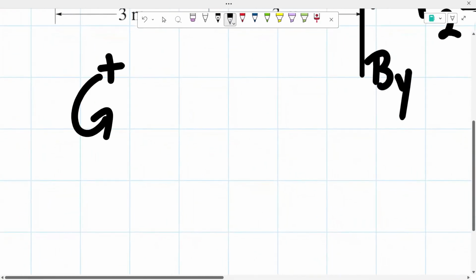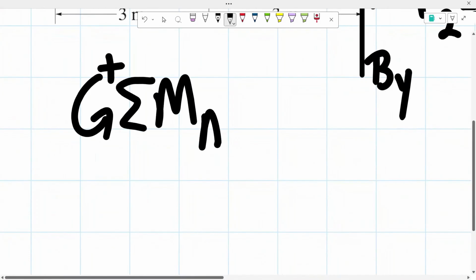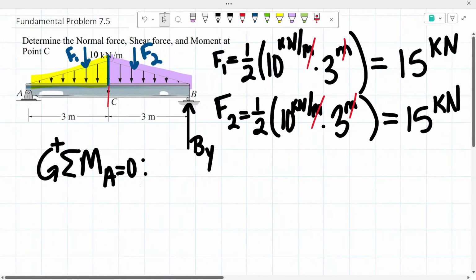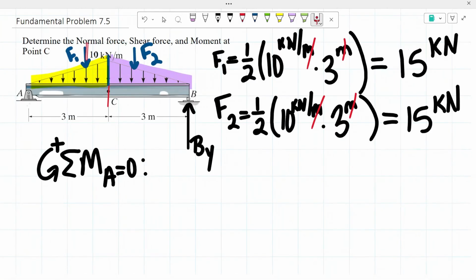We know that the sum of the moments about point A has to equal 0. So from there we have our force 1, creating a moment. Since it is to the right and going downwards, we know it's going to be creating that clockwise moment, meaning a negative moment. So we have a negative moment with a force of 15 kilonewtons.